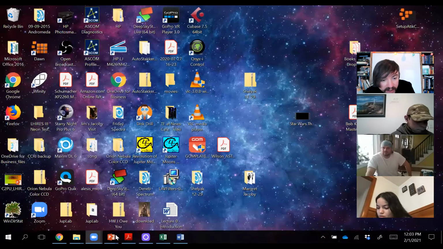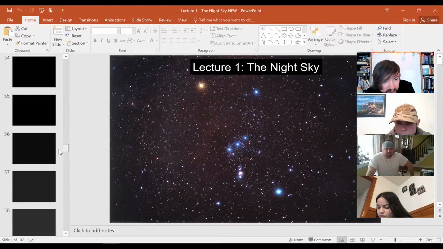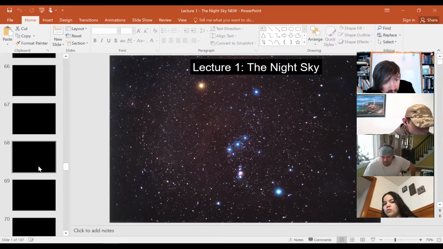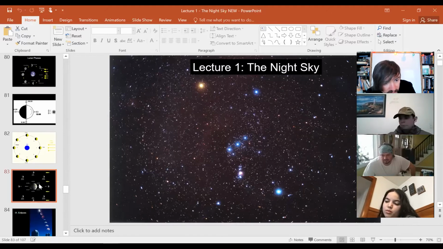I'd like to show you guys a slide of the phases of the moon that we should have constructed in our notebooks last time. And I want to ask you all a few questions to see if you understand what's going on.